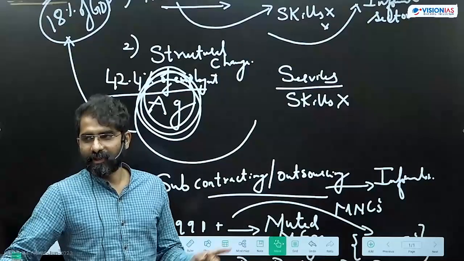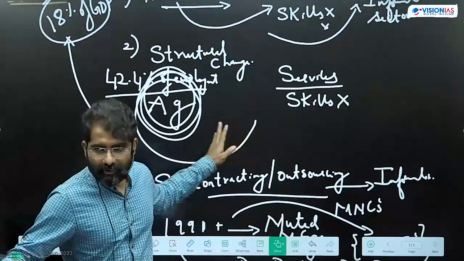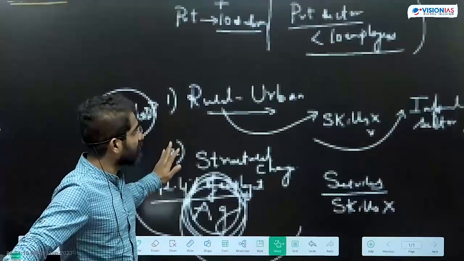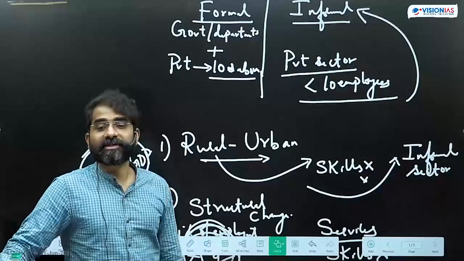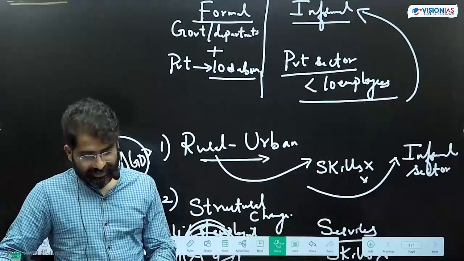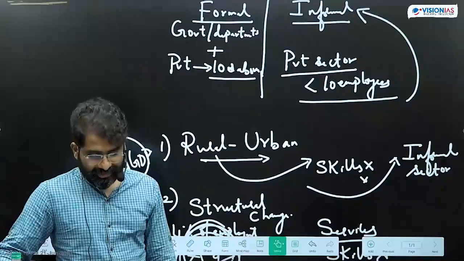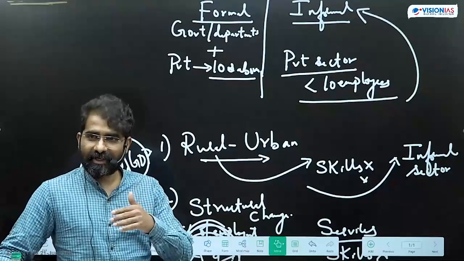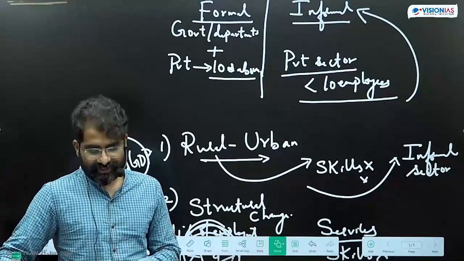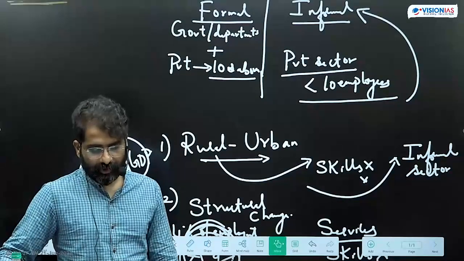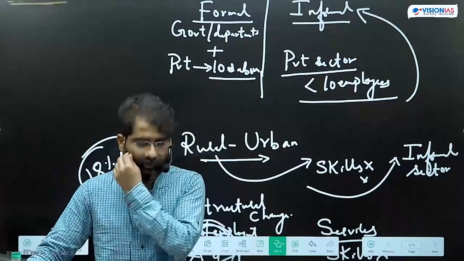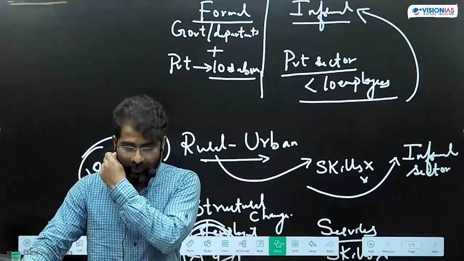Okay, so is this clear? Write this question so that we will understand whether it is clear or not. The question is, and don't write it, a previous UPSC question: how has globalization led to reduction of employment in the formal sector of the Indian economy?